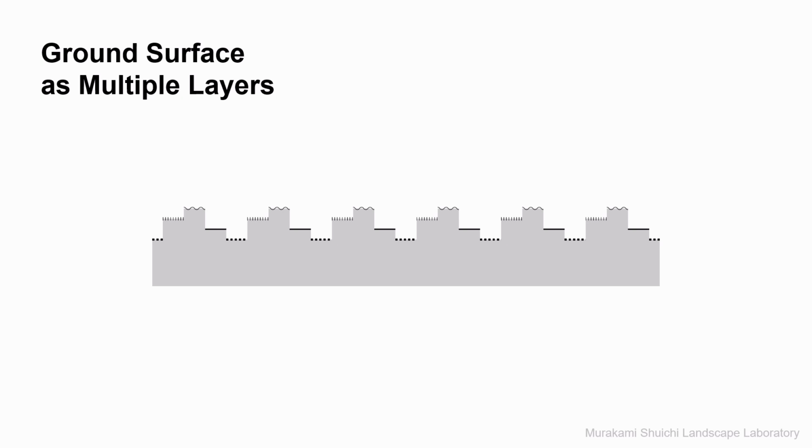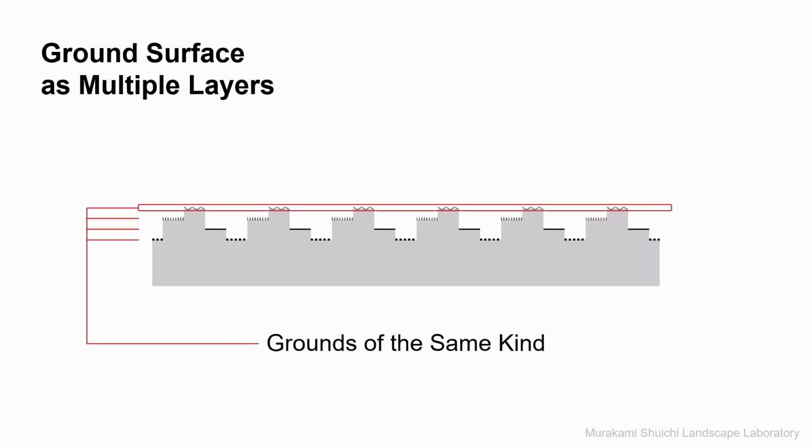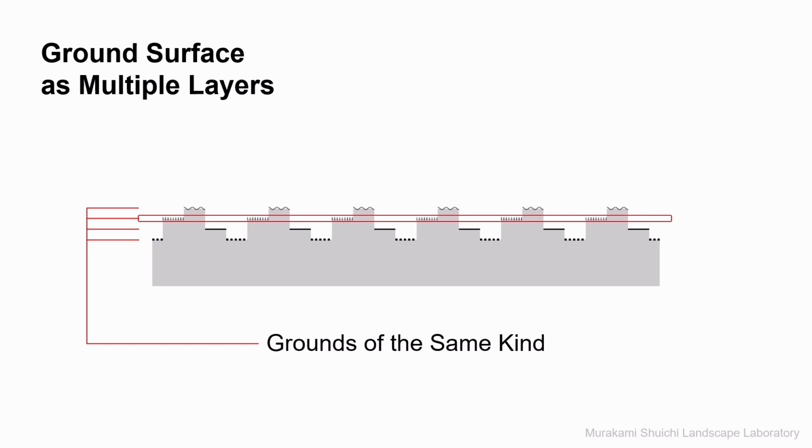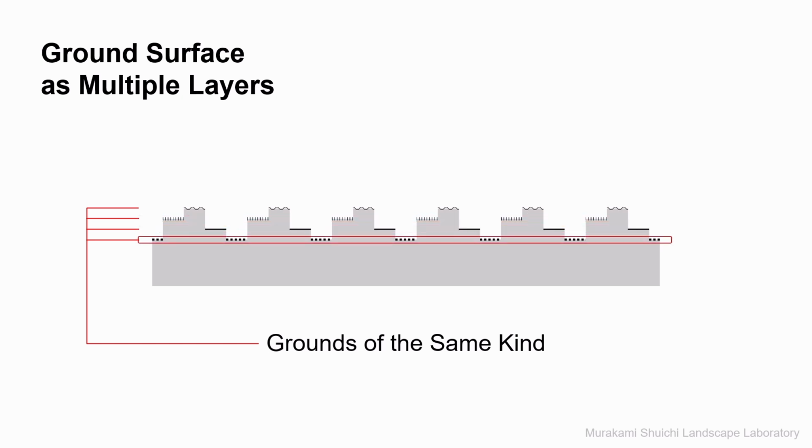This means that rather than having only one continuous single-layer ground, it is possible to create a composition in which multiple layers of ground coexist. The key to such a composition is that multiple clearly distinguished kinds of ground exist, and that grounds of the same kind appear at the same level at regular intervals.